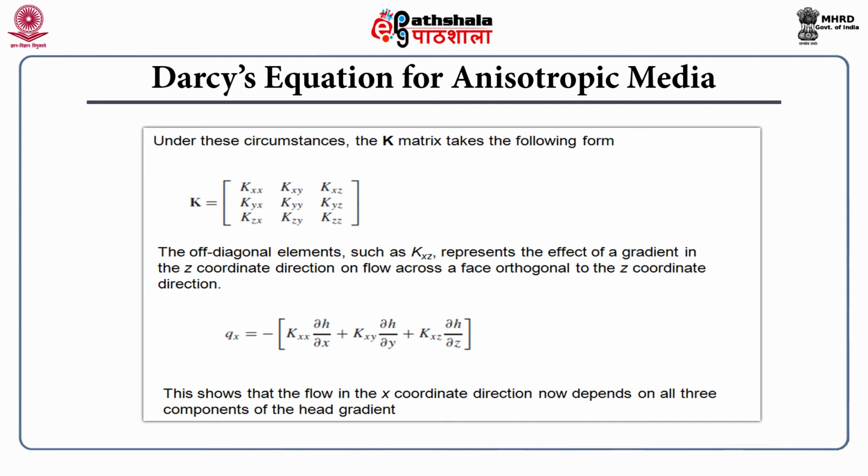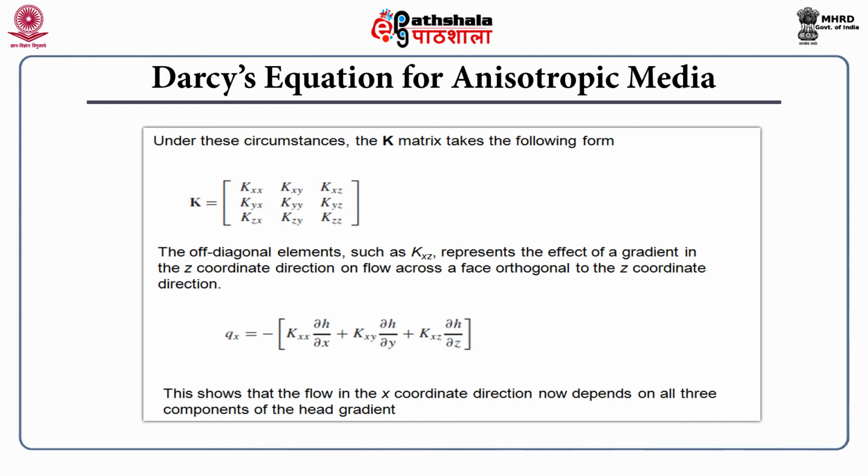Similarly, for the y direction, Qy equals Ky dH upon dy, and for the z direction, Qz, the Darcy's velocity, is equal to Kz, the hydraulic conductivity in the z direction, multiplied by the hydraulic gradient in the z direction, dH upon dz.